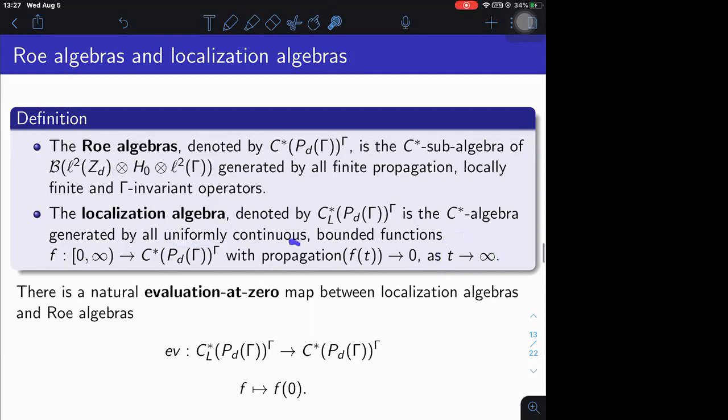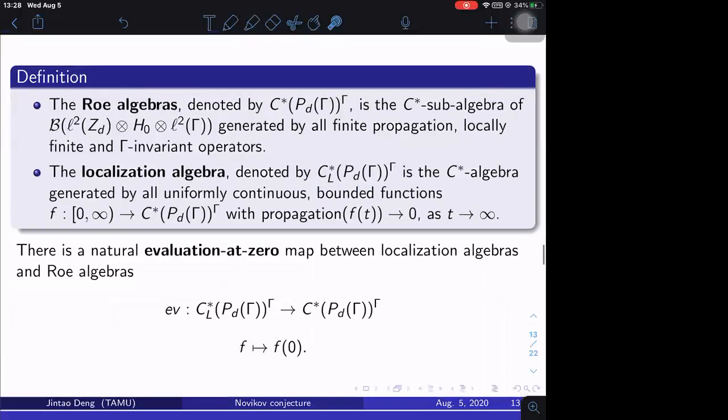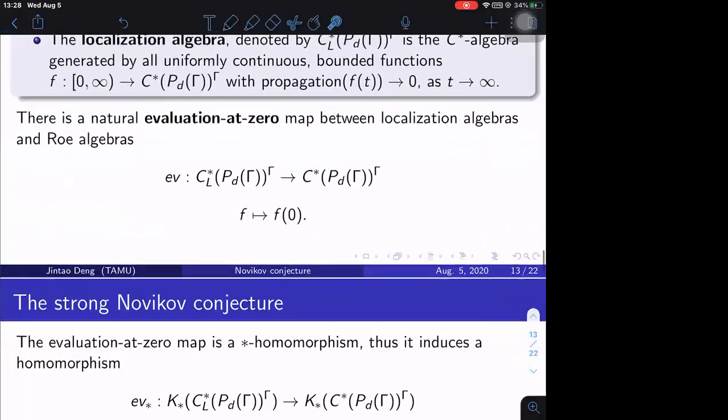Because of this propagation condition, the K-theory of the localization algebra is quite topological. In some sense, the K-theory of the localization algebra is theoretically computable. Then there is a natural evaluation at 0 map from the localization algebra to the Roe algebra: you just take the value at 0 for each path.